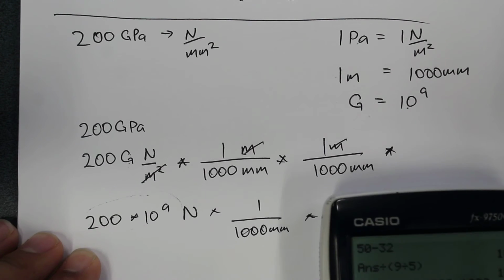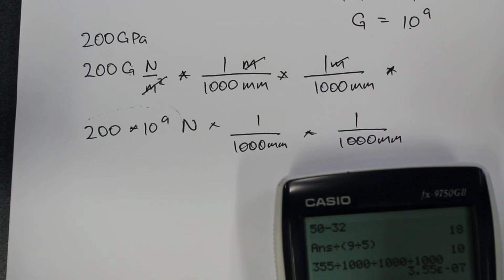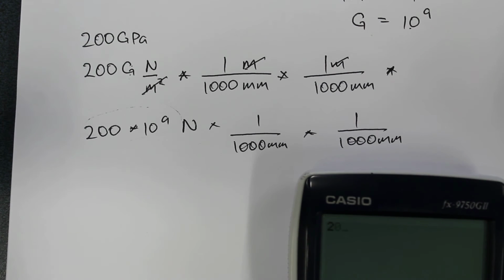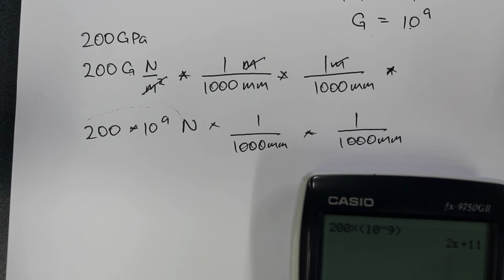Okay, so we'll just bring up the calculator, and here we have 2,000 times 10 to the power of 9. So that's a 2 with 12 zeros at the end of it, and we divide that by 1,000 and divide it by 1,000 again.